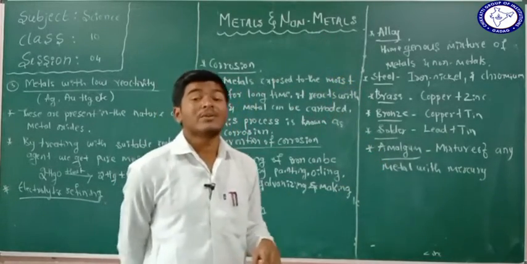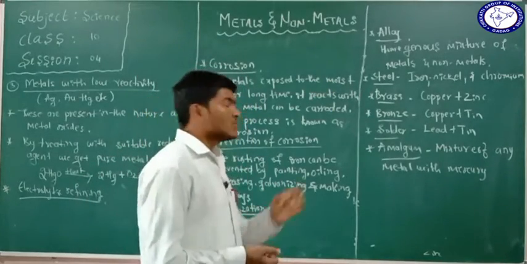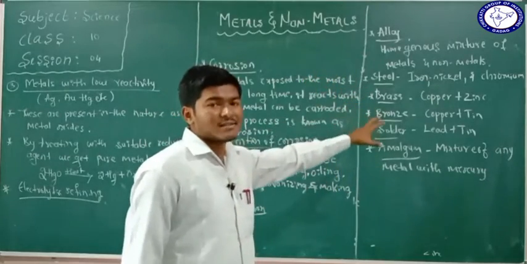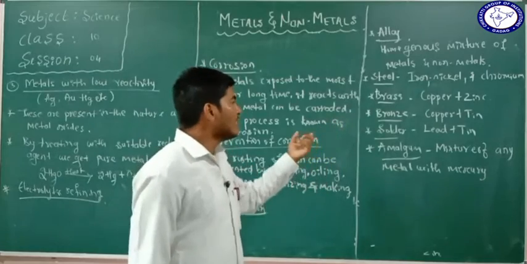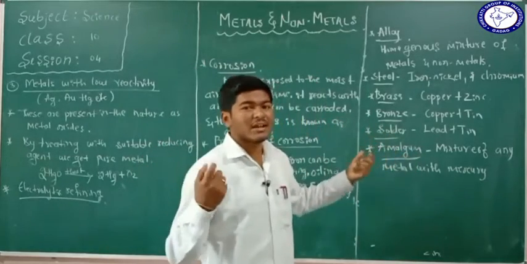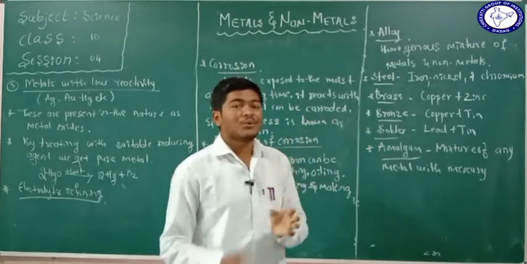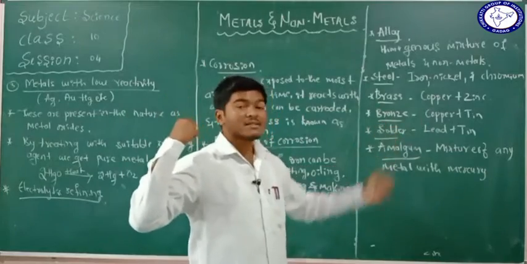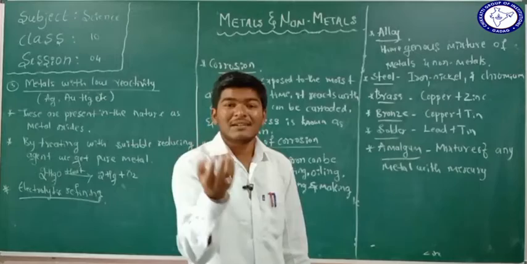Is it clear? So why do we make alloys here? Because to increase the lifespan and also to prevent the metals from corrosion, we make alloys. In older days, we had bronze materials in our homes. Why? Because if we use only copper metals, as we know already, copper reacts with the acids present in foods.